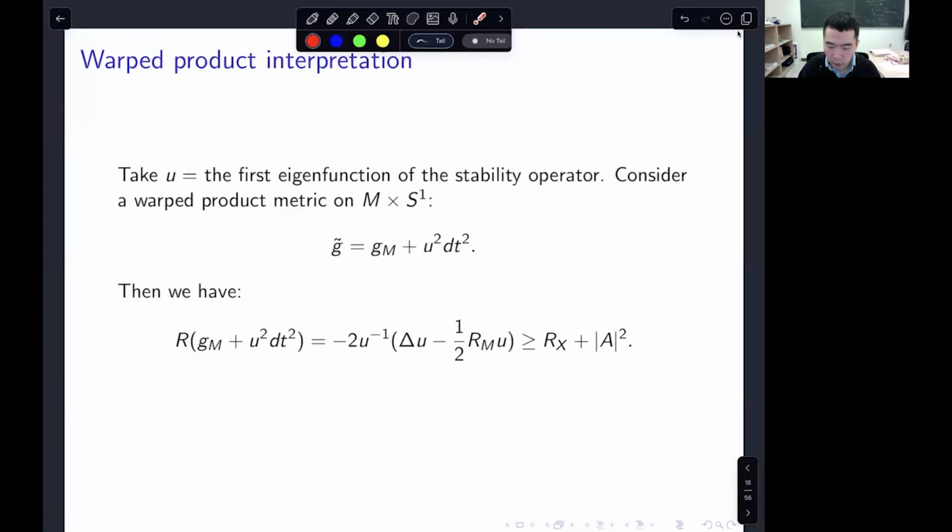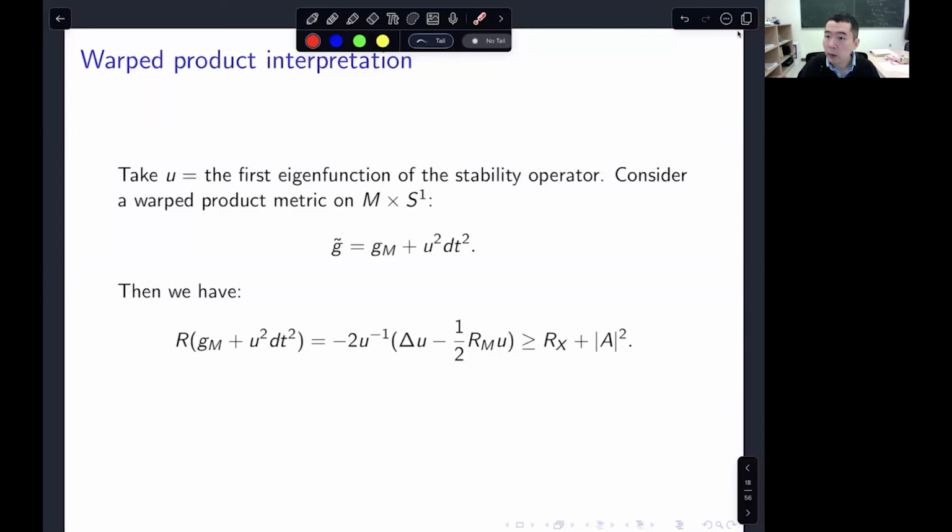A simple computation shows that if we compute the scalar curvature of this warped product, this is an equality for every positive function u. So one gets minus 2 times u inverse times Laplacian u, minus 1/2 the scalar curvature of M times u.